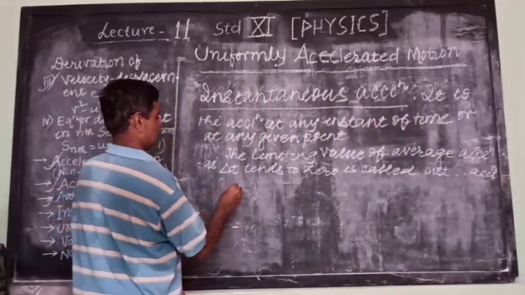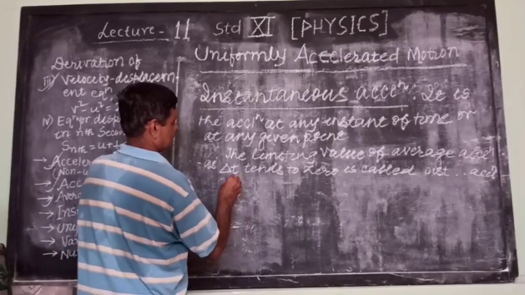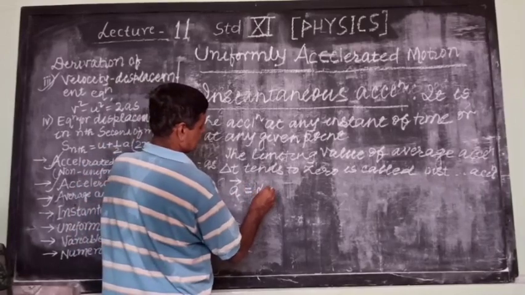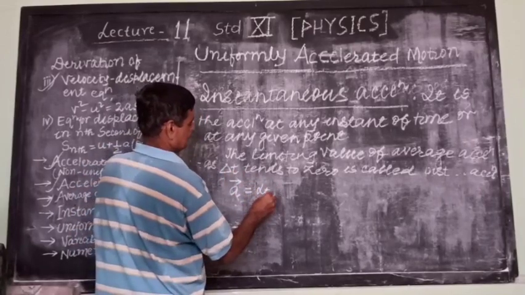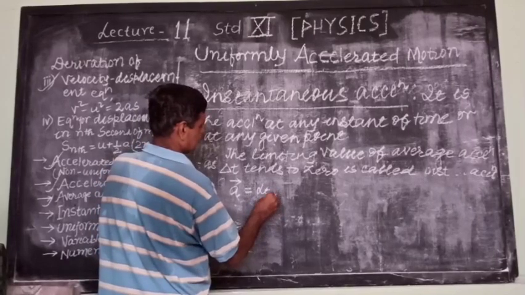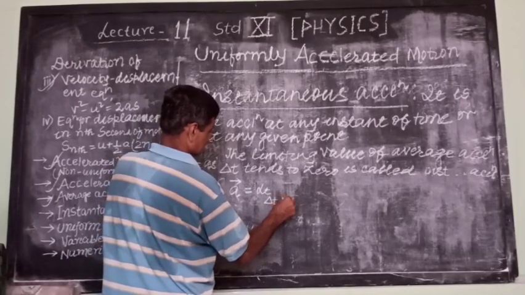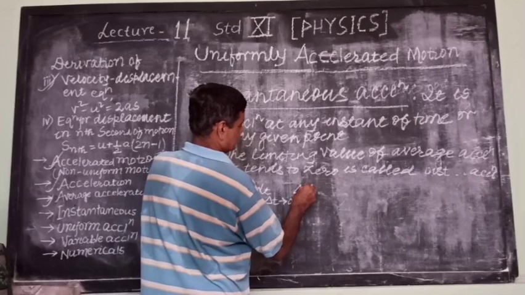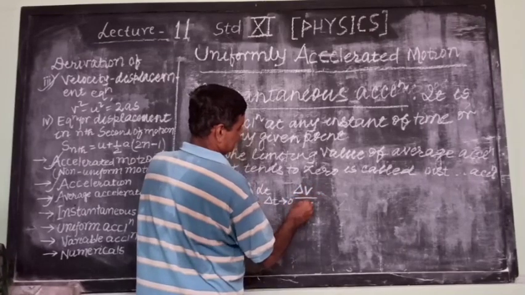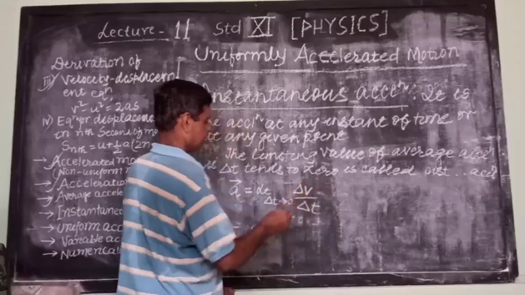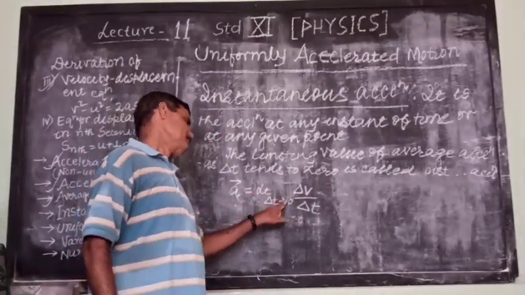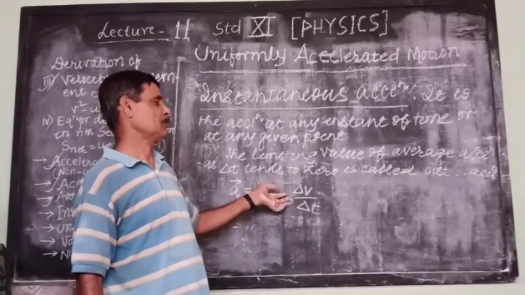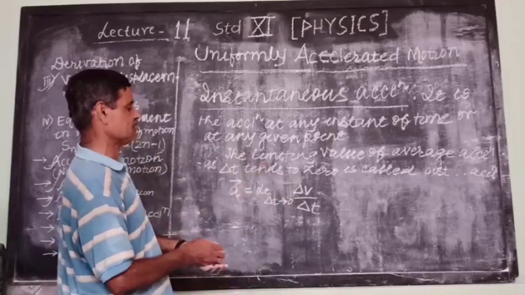So there is a condition, the limiting value, limit delta t tends to 0. This was in the previous case delta v by delta t. Then the limiting value as delta t tends to 0, at this particular moment, is called instantaneous acceleration.